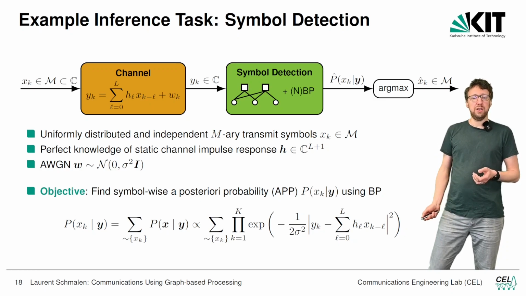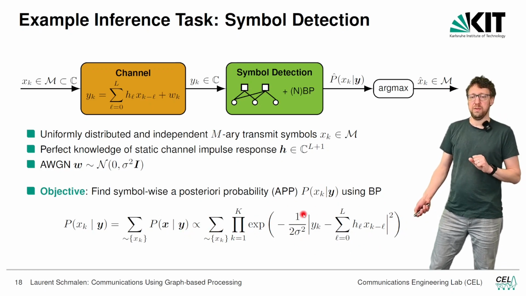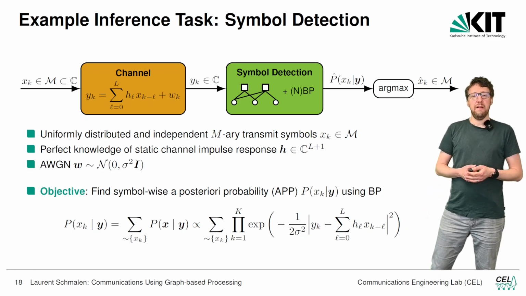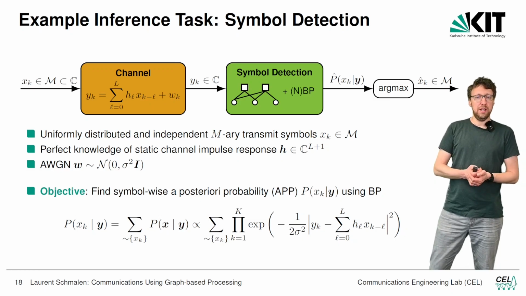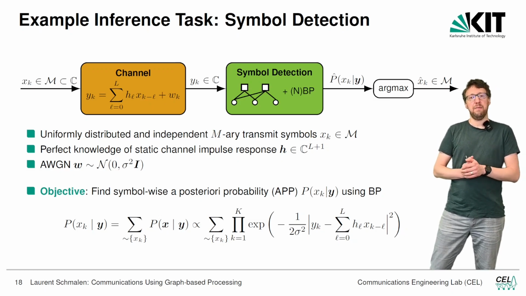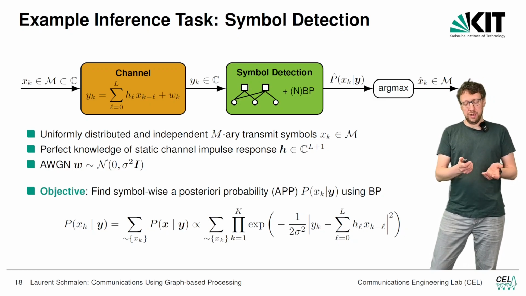It's a marginalization over P of the sequence X given Y over all possible symbols except the one at position K. It can be expressed as this expression, a summation and a product and some terms that are due to the Gaussian noise. Now this is very difficult to calculate. If we want to calculate this for all possible sequences, it's essentially an infeasible task. But we would like to use belief propagation to carry out this task more efficiently.